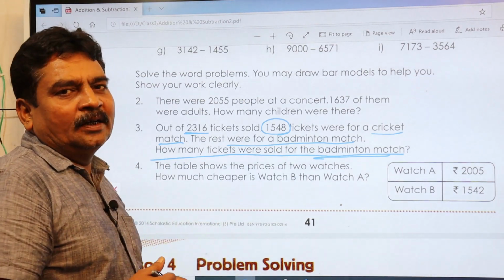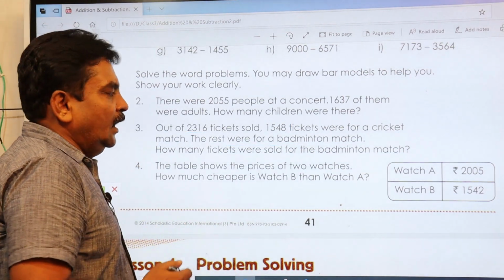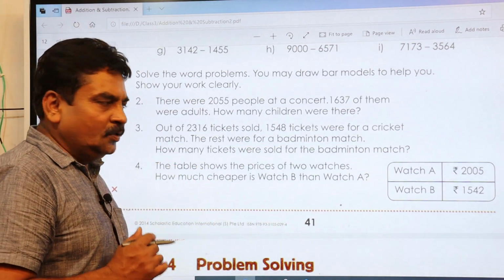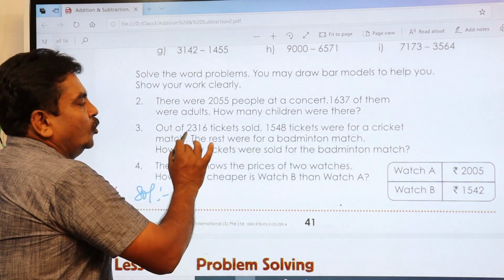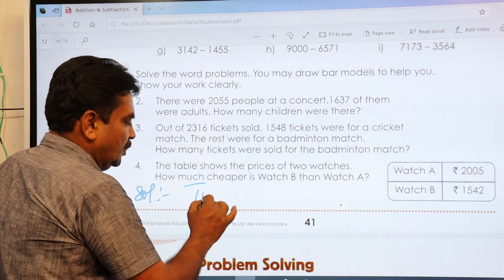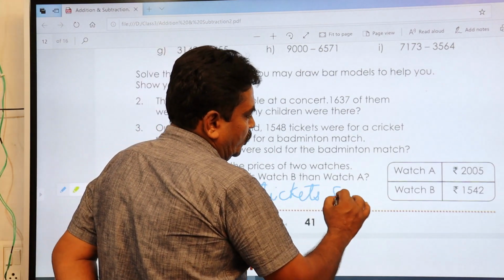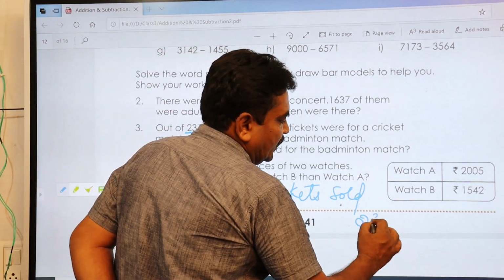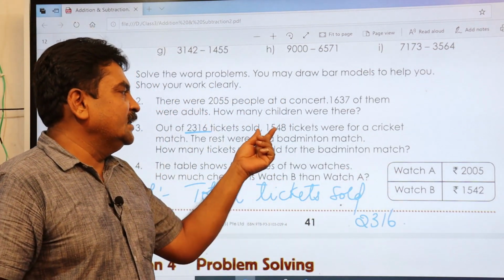So how are you going to put it in words? Let us do it. I'll write down here line by line. Pause it and then write it down in your notes. Let's see the solution for the second one. Total tickets sold, how much? 2,316. And how many tickets did he sell for cricket?